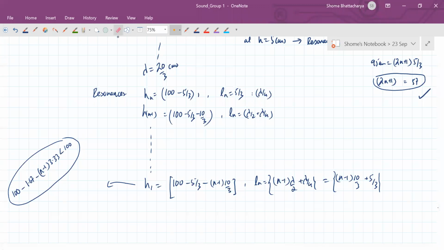I mean, you're talking about the height of the column, so this should be greater than 0. So you will have to find the maximum possible value of n, so that this condition is satisfied.